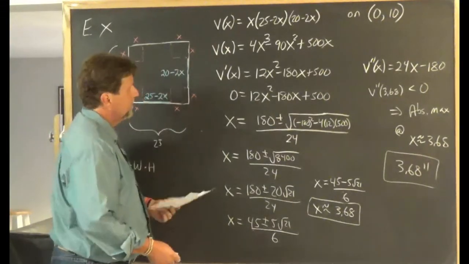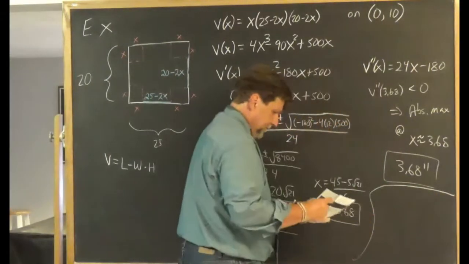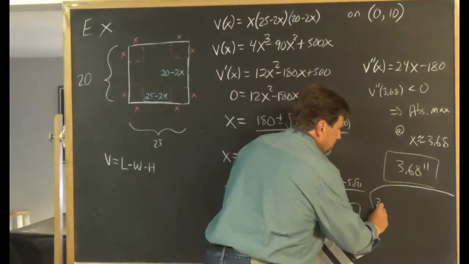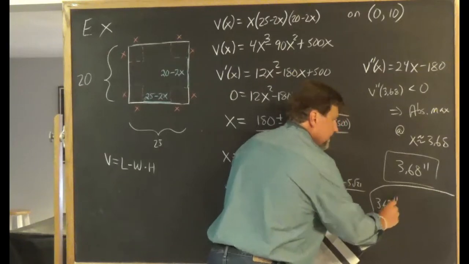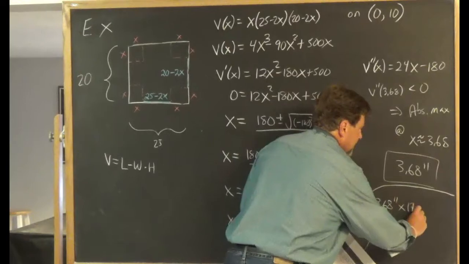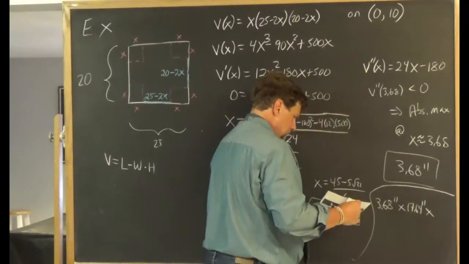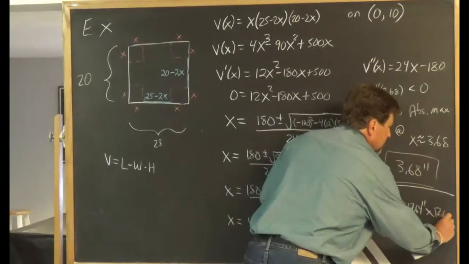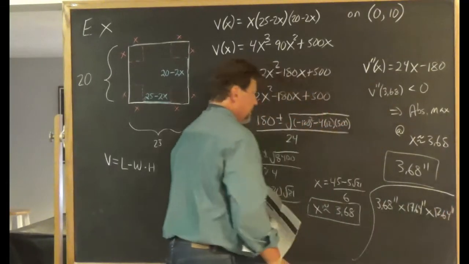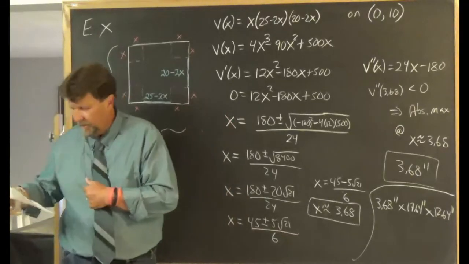I just have enough room right here. This is like bonus information. The box would be 3.68 inches by 17.64 inches by 12.64 inches. Okay, we weren't asked to give all the dimensions, but I thought, hey, while I'm here, I might as well do it.